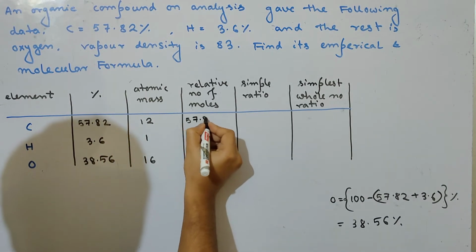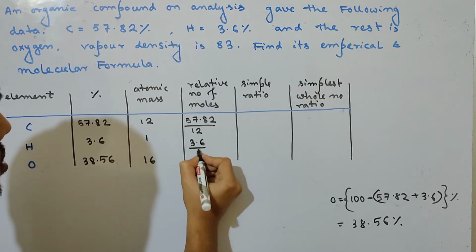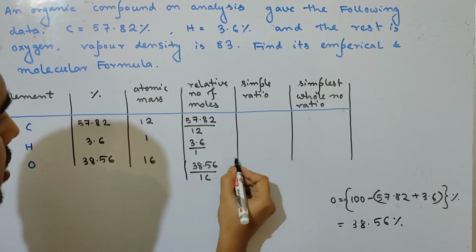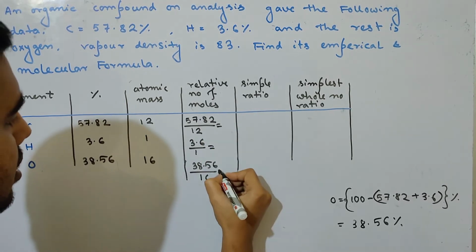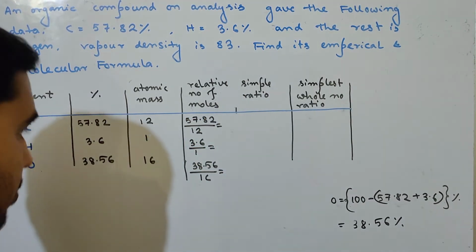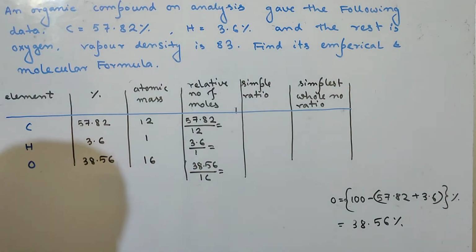So here we are getting 57.82 by 12, 3.6 by 1, 38.56 by 16. As a result, 57.82 divided by 12 gives nearly 4.818, previously calculated by me.